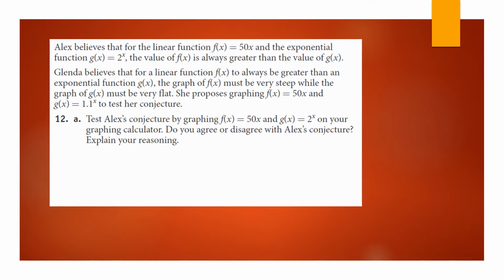Glenda believes that for a linear function f of x to always be greater than an exponential function, the graph of the linear function must be very steep, while the graph of g of x, the exponential function, must be very flat. She proposes graphing f of x equals 50x and g of x equals 1.1 to the x to test her conjecture.